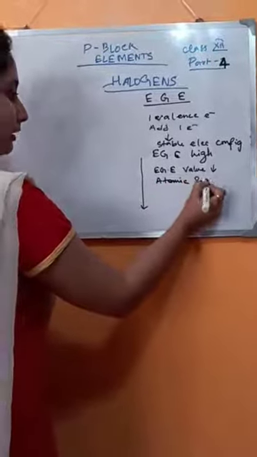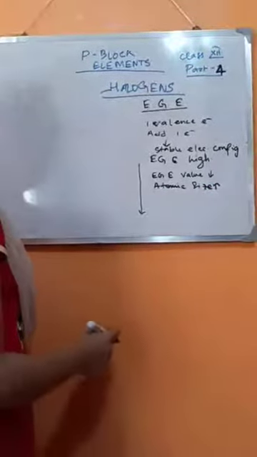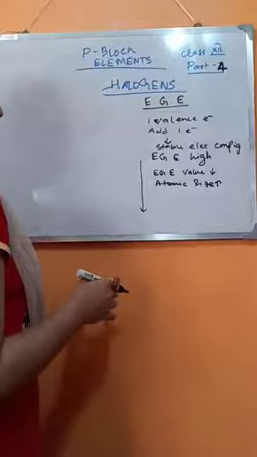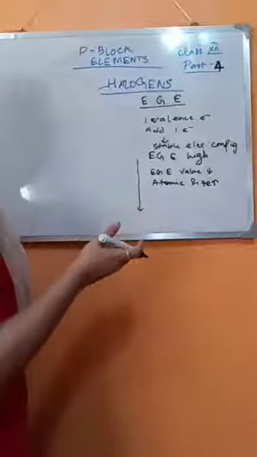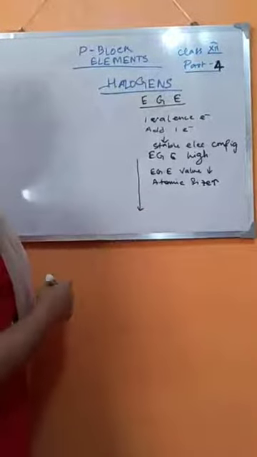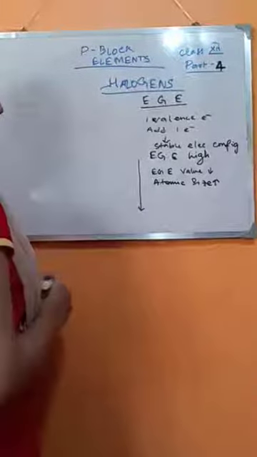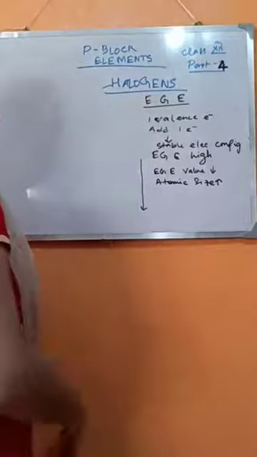Atomic size increases, or you can say atomic radii increases. Because of the increase in the atomic radii, the taking up of electrons becomes a bit difficult. So as we move down the group, the electron gain enthalpy value decreases. But there is an exception.